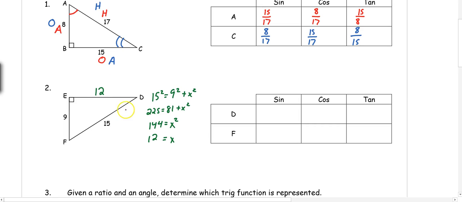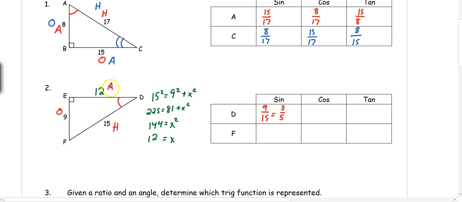Then based on my angle, if this is angle D as my reference angle, when I label my sides, across from angle D is my opposite, across from the right angle is my hypotenuse, and the third side is my adjacent side. So remember that sine is opposite over hypotenuse, so 9 over 15, and we can reduce this fraction to 3/5.